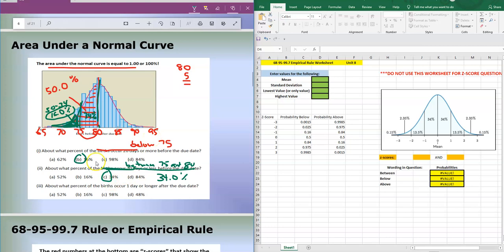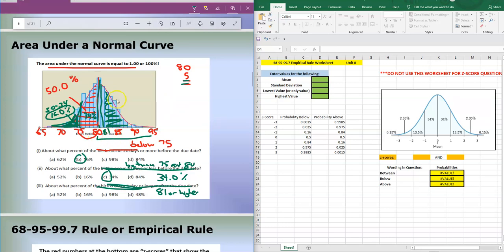And then let's suppose it says about what percent of the grades are 81 or higher. Well, notice by using the empirical rule where we skipped by 5s, since 5 was the standard deviation, I don't have a specific number at 81, but what I do want to realize is 81 or higher would have to be slightly less than 50%, because back at 80 or higher is 50%.